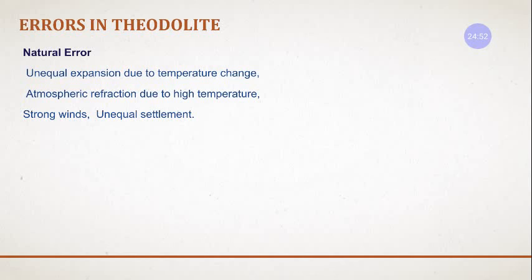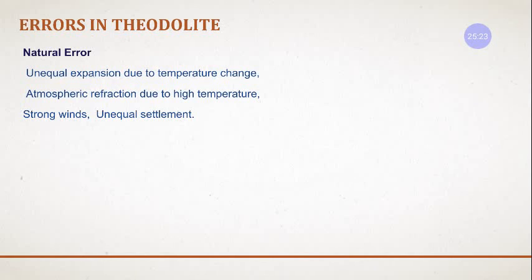So these are the errors of theodolite. They are instrumental error and personal error. In personal error, there is error due to manipulation and error due to sighting and reading. The error due to manipulation happens only when you are doing adjustments with the theodolite, not while reading or sighting. Then there is the error due to sighting and reading.